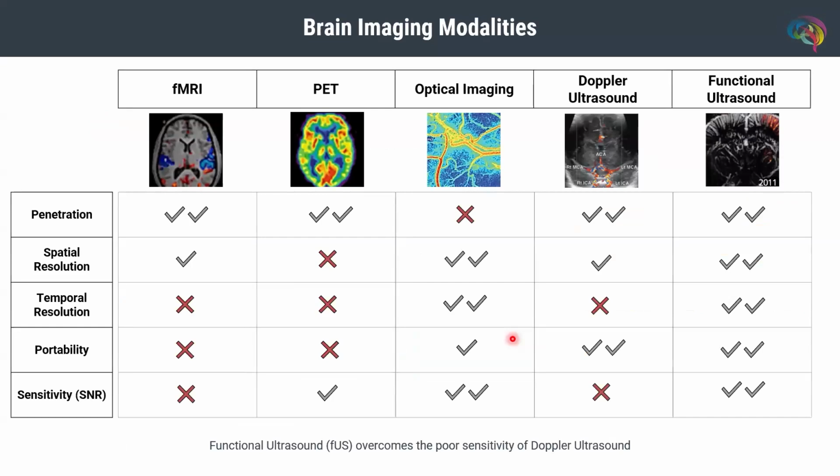So now to conclude this part, if we go back to our comparative table from which we started, now you understand better why functional ultrasound is a very good combination of these different characteristics and offers an excellent compromise for the study of the brain.